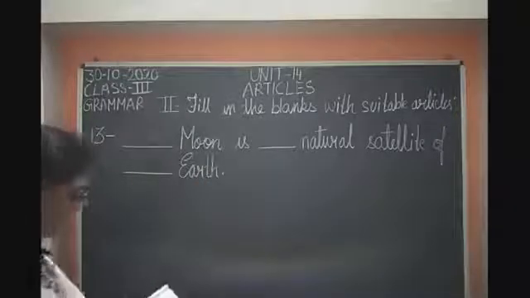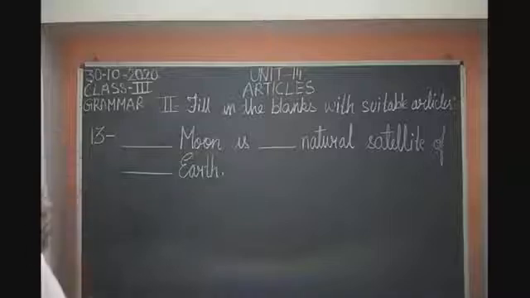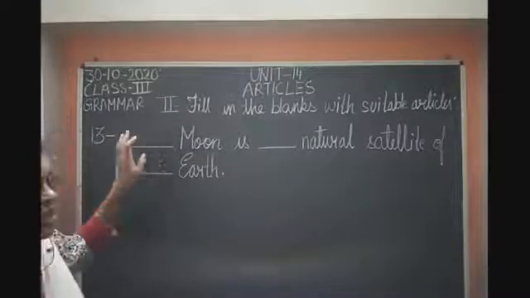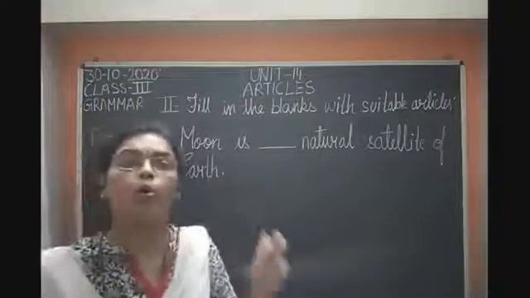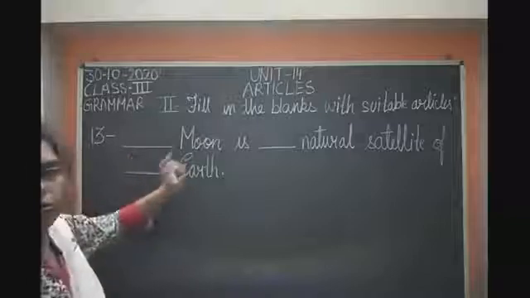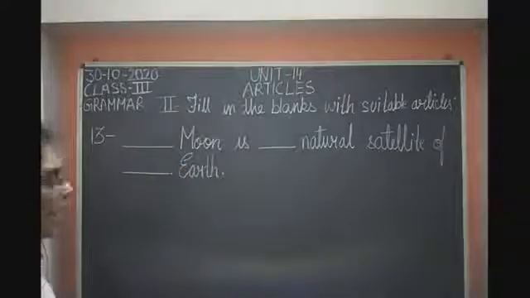Okay. Now, we all know that we need to use the before all the unique things. So, dash moon. Moon क्या है? एक unique thing है ना?